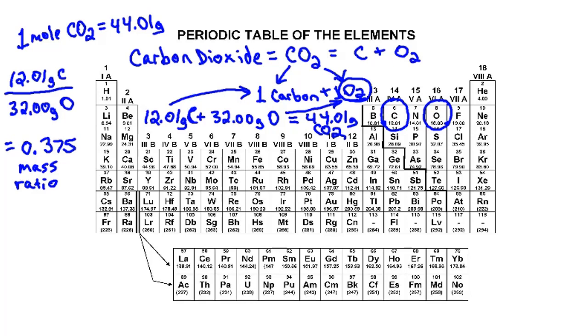And so that means however many grams of carbon you have divided by the number of grams of oxygen that you have in CO2, if you divide those numbers, you're going to get this same mass ratio of 0.375.